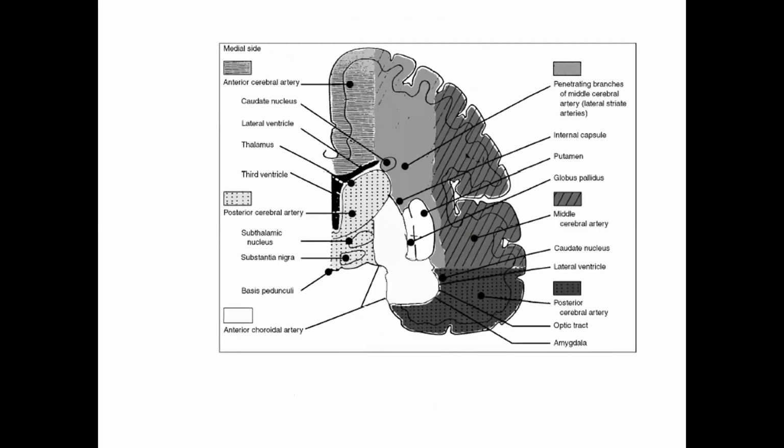Look at it. That is the vascular supply of the brain, like the posterior cerebral artery and middle cerebral artery. Why am I emphasizing this slide? Someone with a stroke is going to have a hemiplegia, right? Or someone with a brain tumor is going to have a hemiplegia. So how are you going to differentiate clinically?